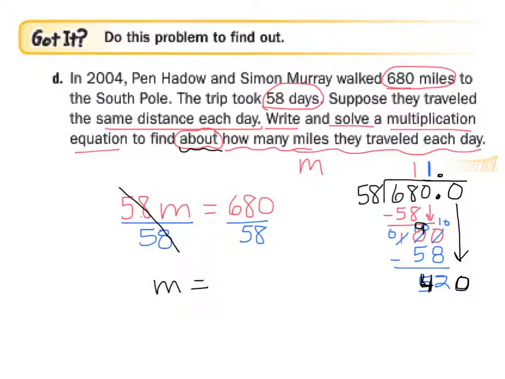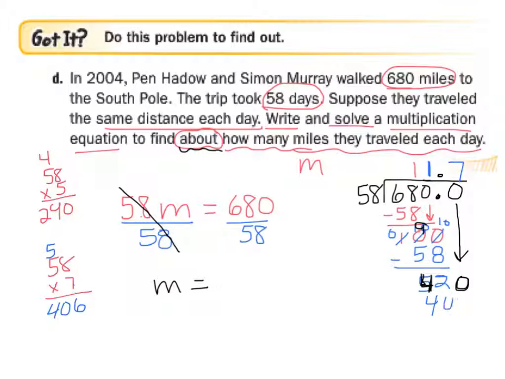So 58, I'm just going to try 5 right in the middle. And 8 times 5 is 40, carry the 4, 25 plus 4 is 29, so that's too low. So I'm going to try 7. 58 times 7, and 8 times 7 is 56, carry the 5. 5 times 7 is 35, plus 5 is 40. So 406 is really close.